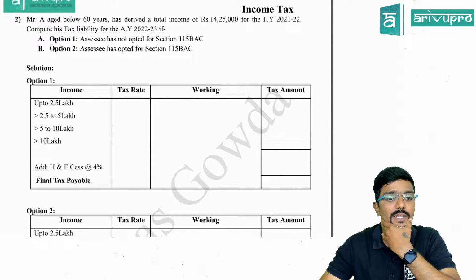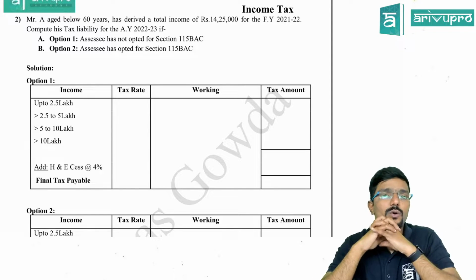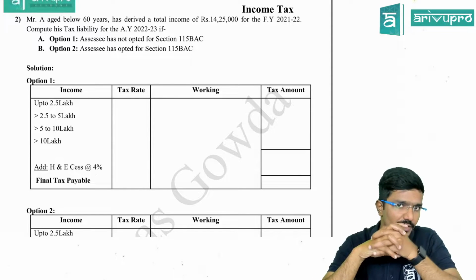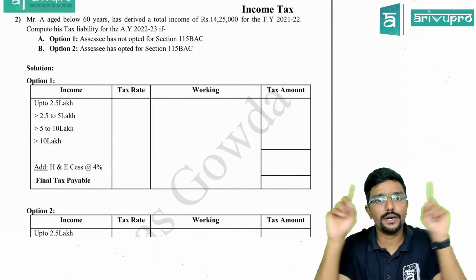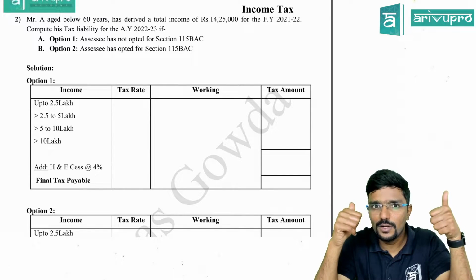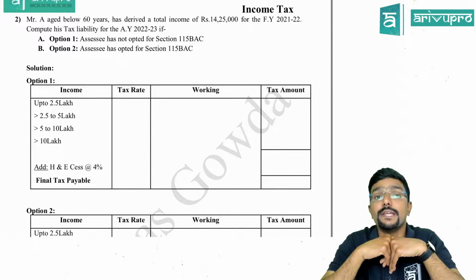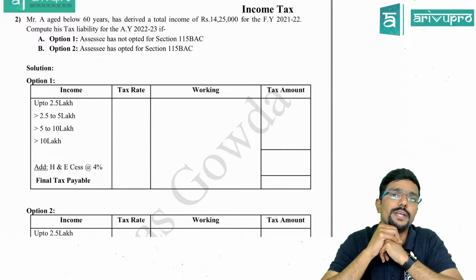Intimation, sir, once again. See, intimation, whether you are following the old scheme or new scheme, especially if you are following the new scheme, you have to intimate the department, that is the income tax department. Now there are two categories. Individual or HUF, do you have business income or professional income? If yes, before filing your income tax return, you have to intimate the department.